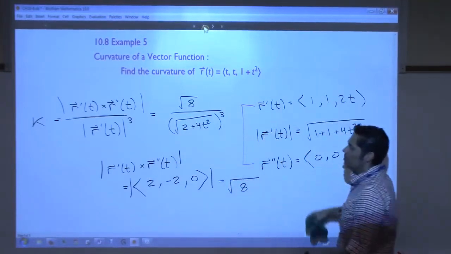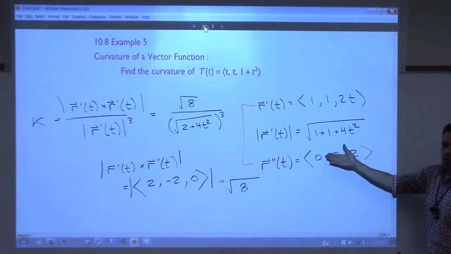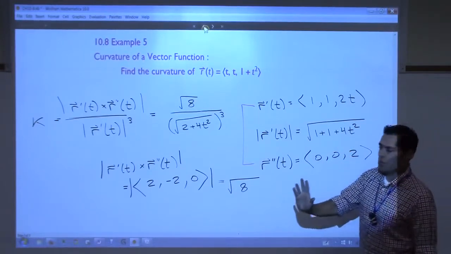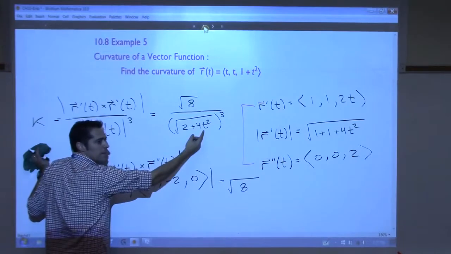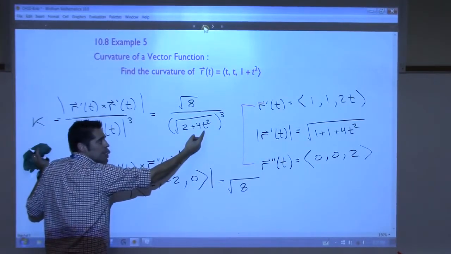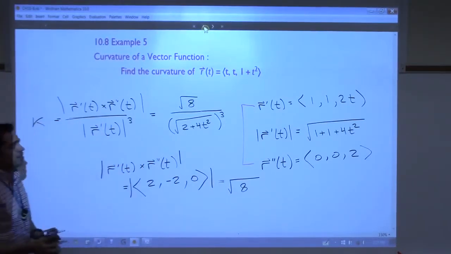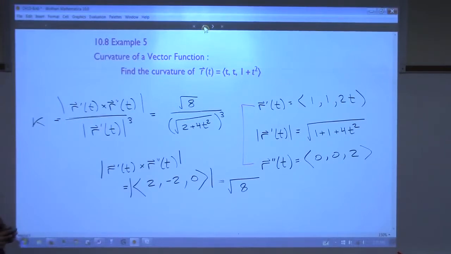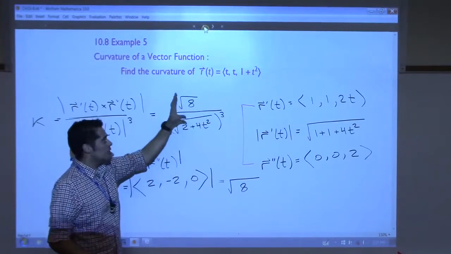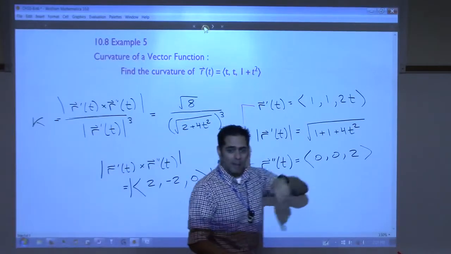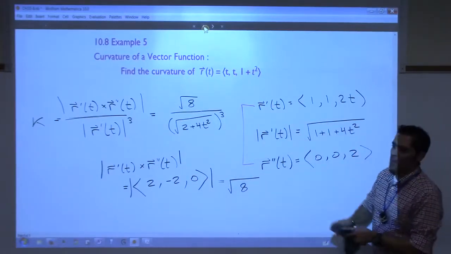That's it. So do you see for this curve, the curvature actually depends on t, right? Depends on where you are on the curve. As t gets bigger, what's going to happen to this curvature? As t gets bigger, the bottom gets bigger, the curvature gets smaller. And that's what was happening in that spiral. This is that spiral, by the way.